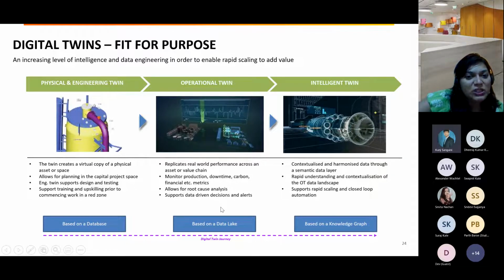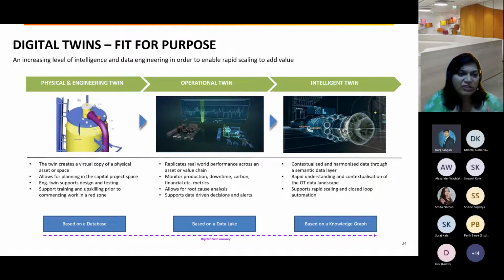Then is the operational twin, where across the value chain you are building a digital twin, like I said, supply chain, your inventory management. And finally is the intelligent twin, which is now contextualized through a semantic data layer. So now your physical twin, then your operational twin, and now comes your enterprise level twin. This will support your rapid scaling and automation as well.